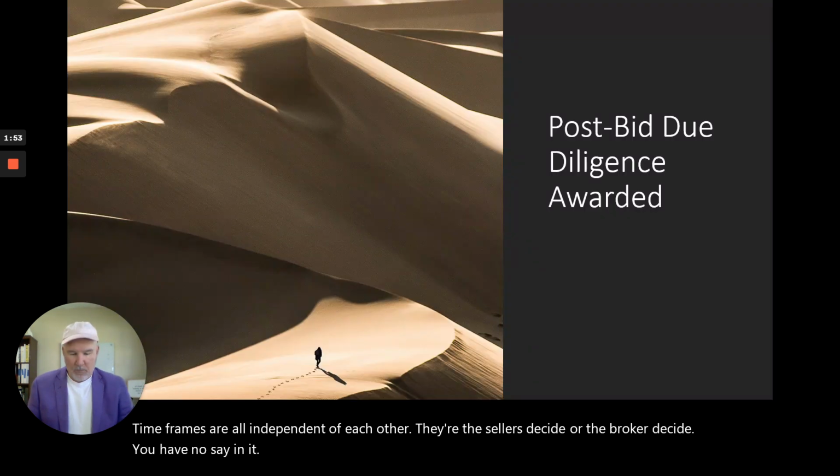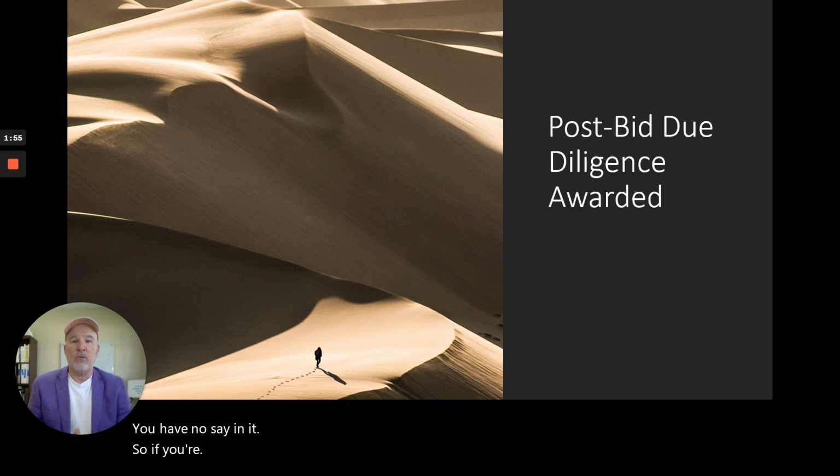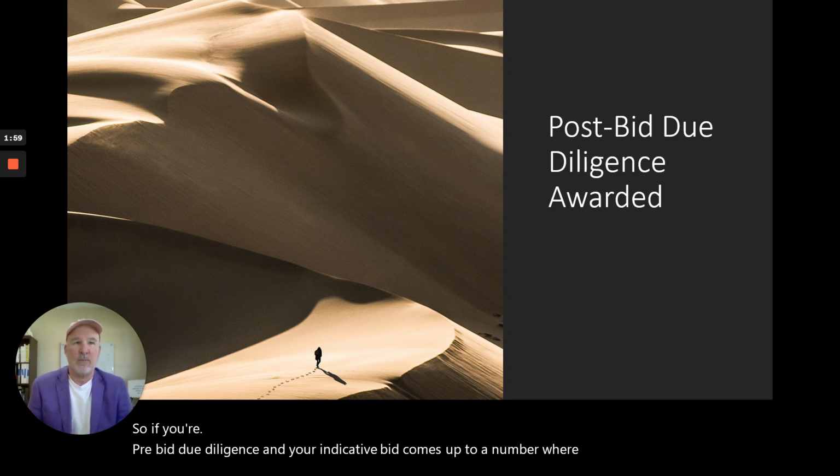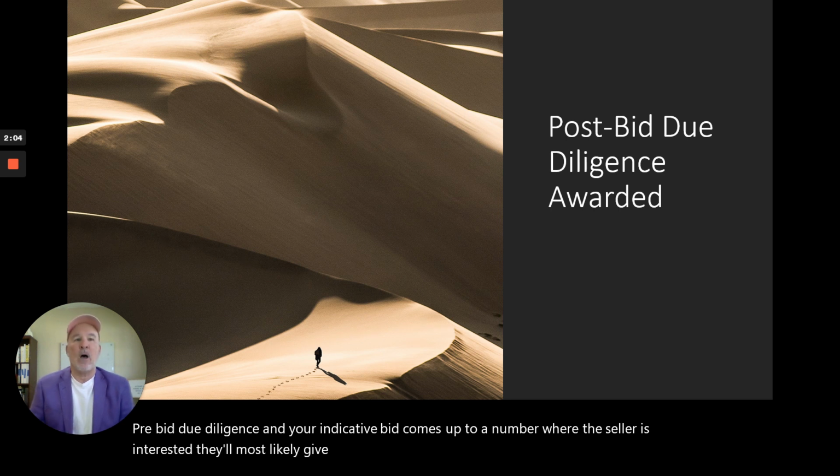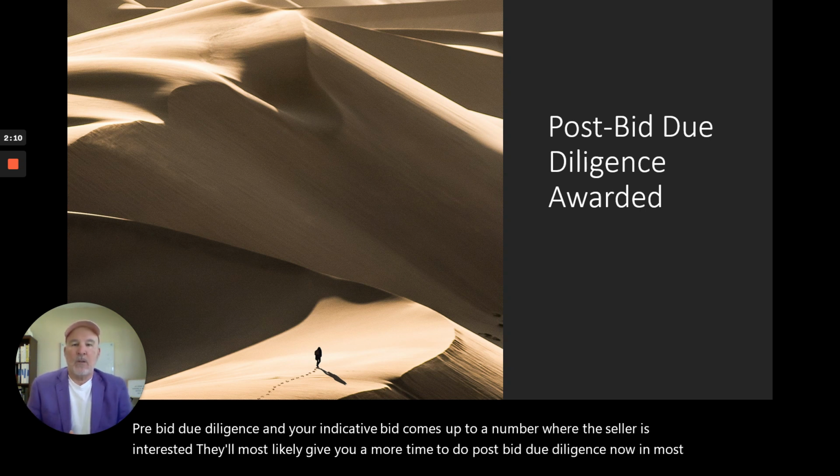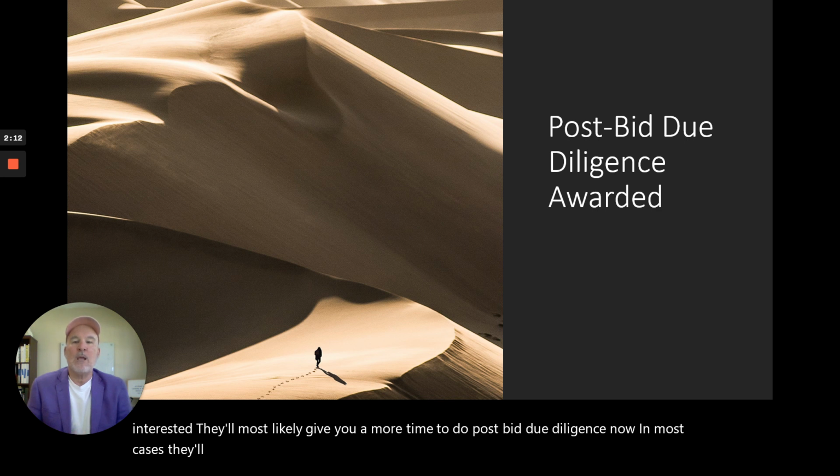If your pre-bid due diligence and your indicative bid come up to a number where the seller is interested, they'll most likely give you more time to do post-bid due diligence. In most cases, there'll be 2 or 3 mortgage note buyers all vying for the same mortgage.